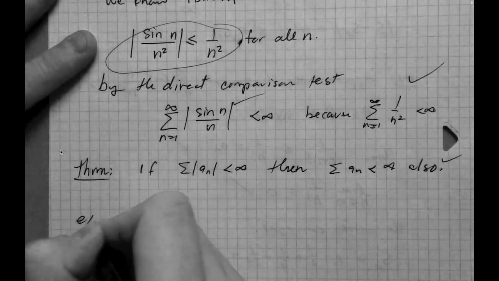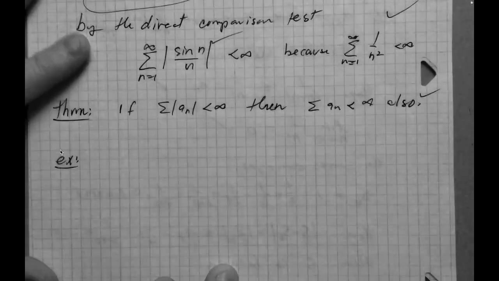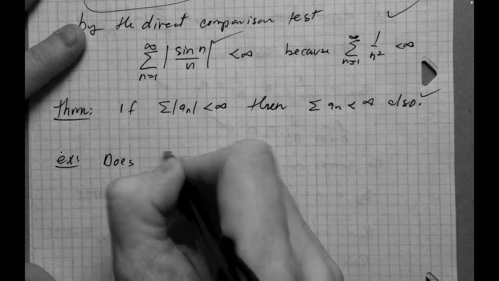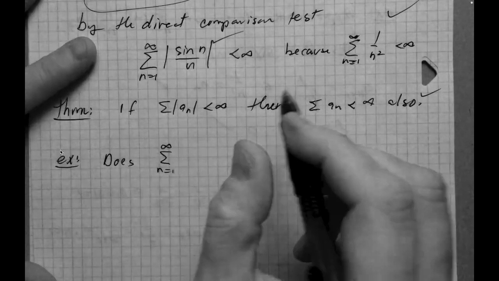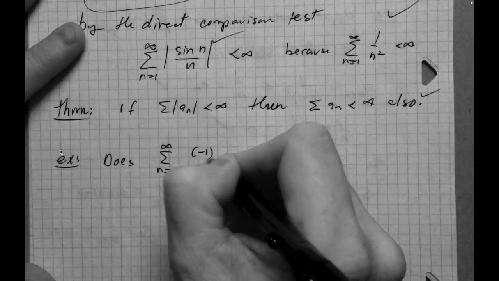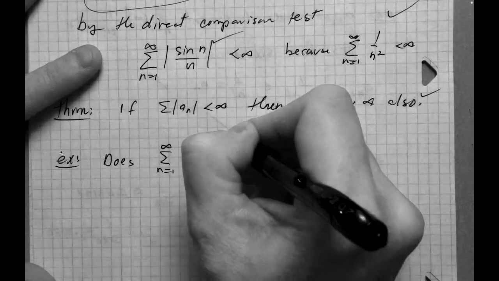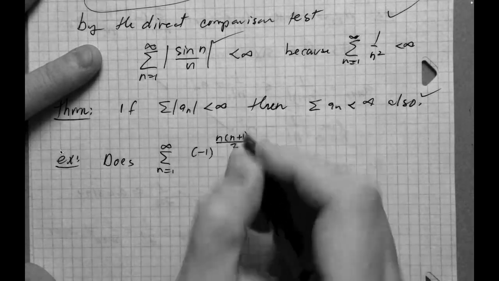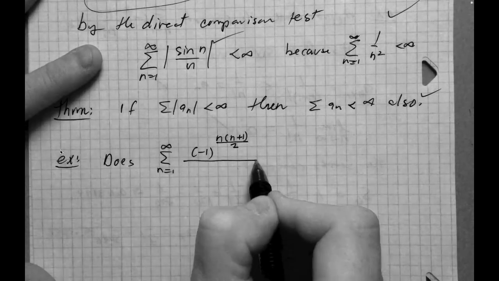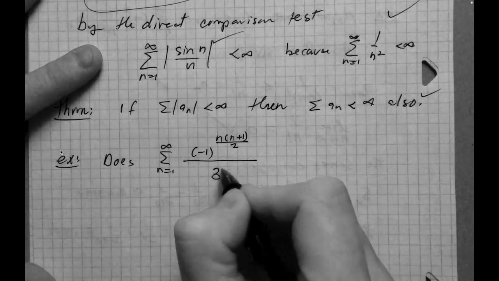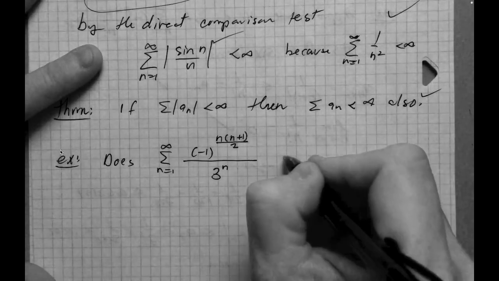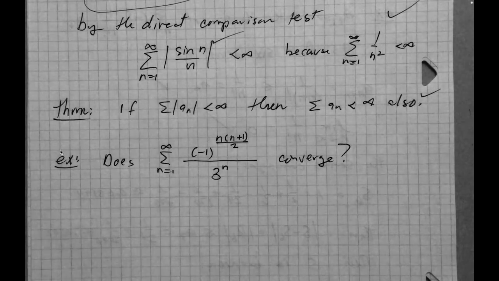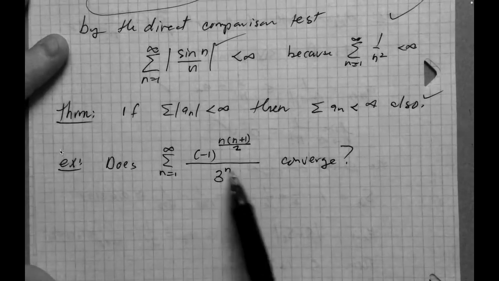Let's use this. Let's do an example. The question here is, does the sum from n equals 1 to infinity of negative 1 to the power n times n plus 1 over 2, divided by 3 to the n, converge?